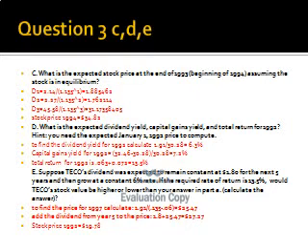Part D asks what the expected dividend yield, capital gains yield, and total return are for 1992. Since we already saw that the stock price in 1992 is $30.28, we can find the expected dividend yield by dividing the calculated dividend of 1.91 by the stock price of 30.28, which gives us a dividend yield of 6.3%.